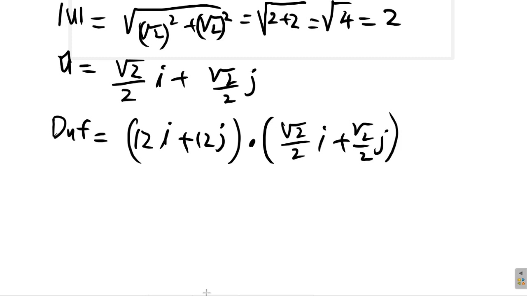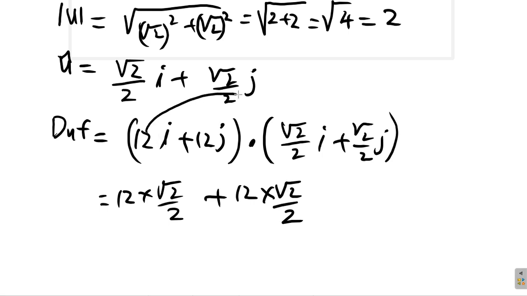Not the i's and the j's. The number in front of the i times the number in front of i plus the number in front of j times the number in front of j. i and j are showing the directions of the vectors. So it's going to be 12 times square root of 2 over 2 plus 12 times square root of 2 over 2.